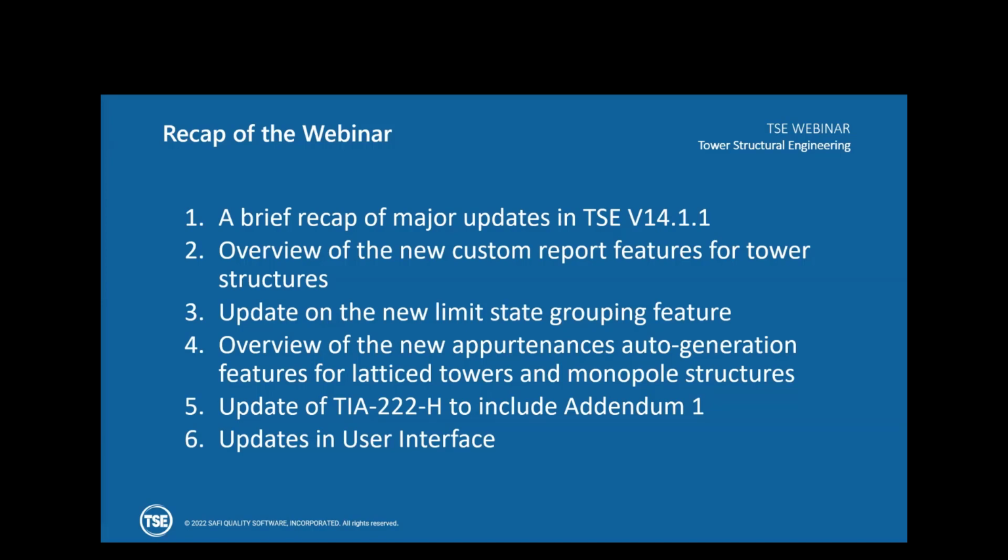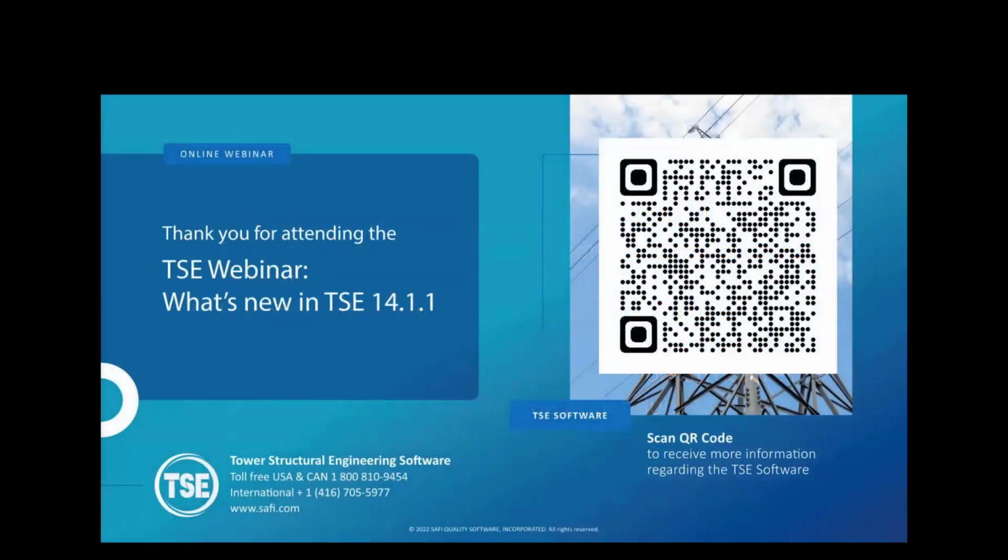And we also updated a few codes, including the TIA-222-H, Addendum 1, and also we updated the transmission code, the American code for transmission poles, which is ASCE 48, the 2019 update. So these are the most important features that you will see in the latest version of our software.